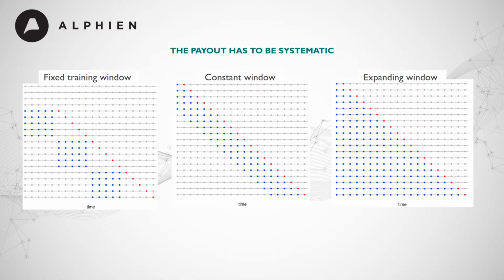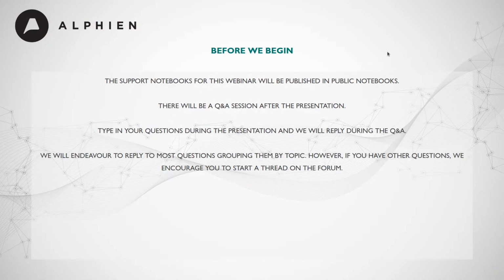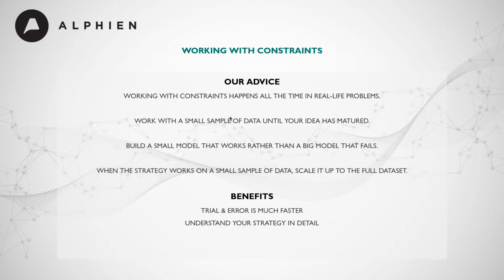As a general rule, and I think I've noted it before in my presentation, it's always good to start from a small model. When I say small model, it doesn't mean only in terms of data, but also in terms of simplicity. Start with a simple model, so don't restrict yourself by thinking, oh, I need a very fancy advanced machine learning model or deep learning with 50 layers to do something that works.